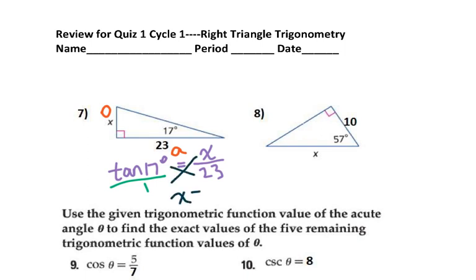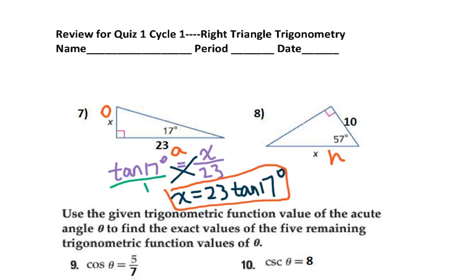So x will be, same line go to the denominator, 23 tangent 17 degrees. Then leave it as is.